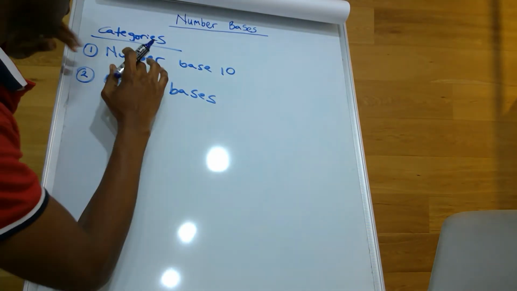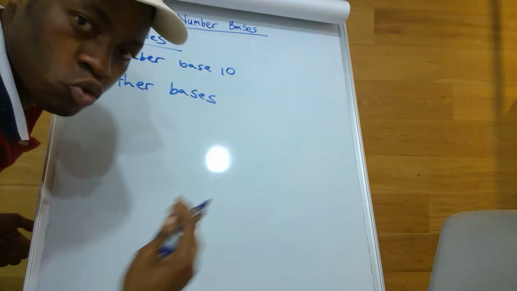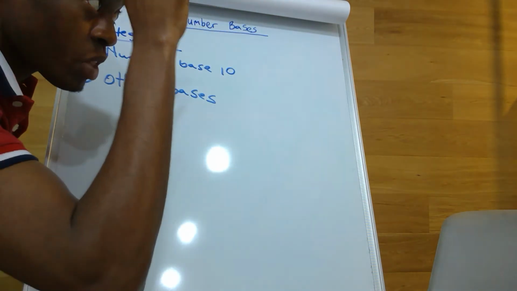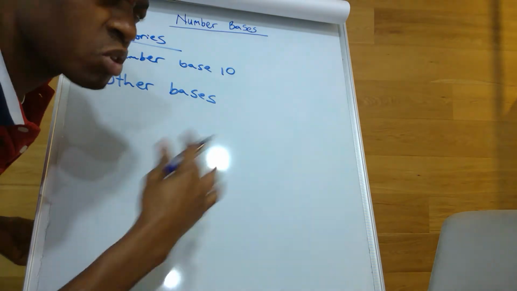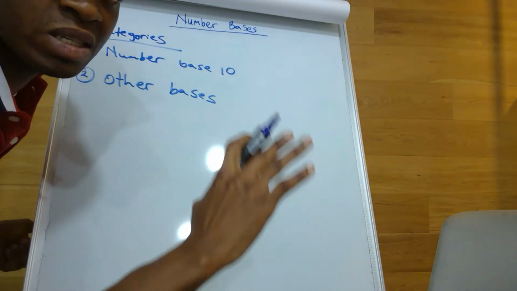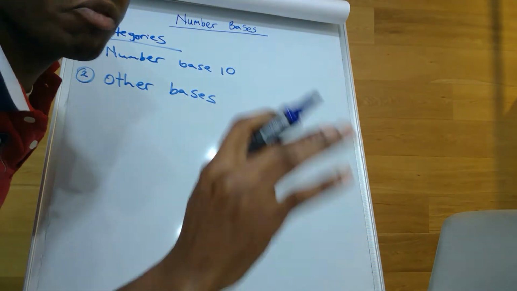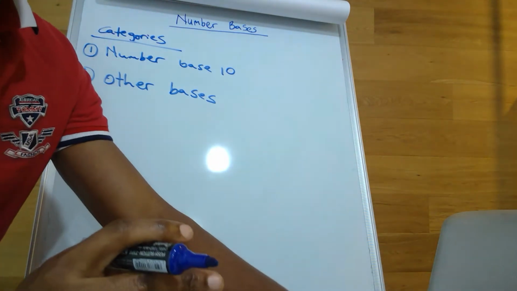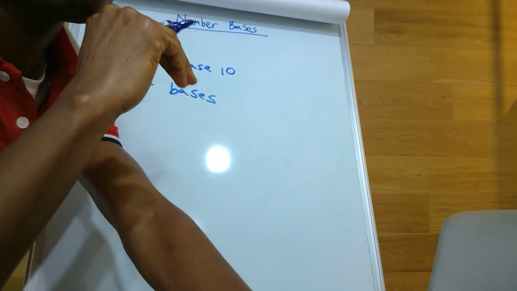Now, in your primary school and nursery school, you've been taught how to do addition, subtraction and multiplication. All those numbers are under base 10. Before we go into examples, there are still some things I want you to know.